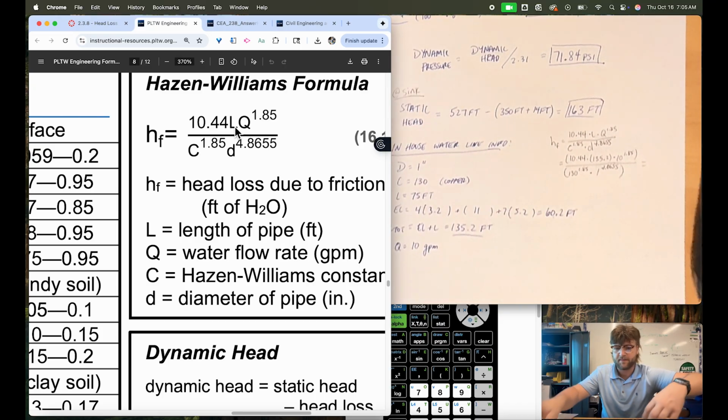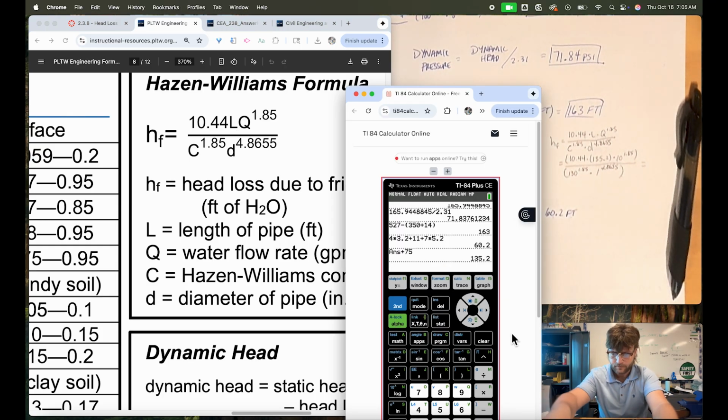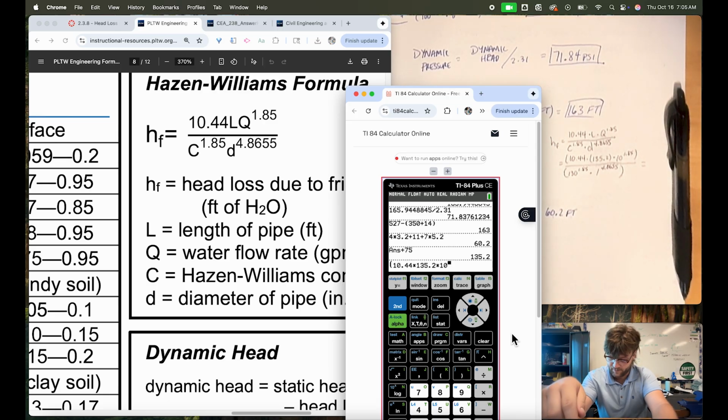And so let's go ahead and punch this into the calculator here. So 10.44 times 135.2 times 10. Remember, shift 6 allows you to put that to the exponent in the calculator. We'll press right to get out of the exponent.